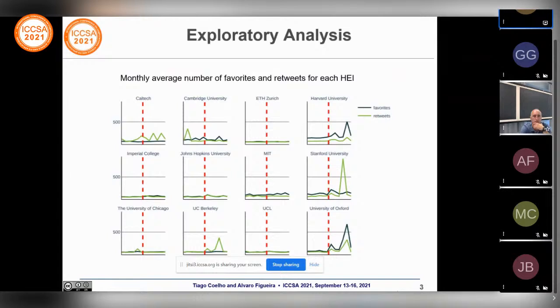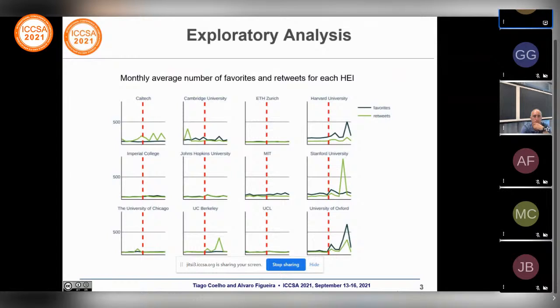If we take the dashed vertical red line as the COVID-19 pandemic declaration date, March 20, we can see that the peak number of average favorites usually falls after the COVID-19 pandemic declaration, with only Chicago and Cambridge presenting as exceptions.